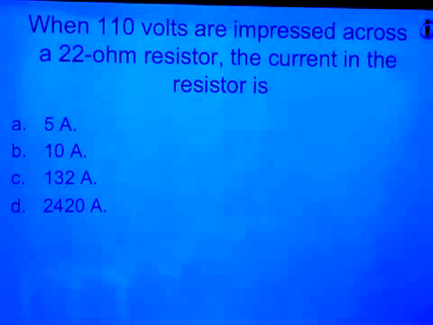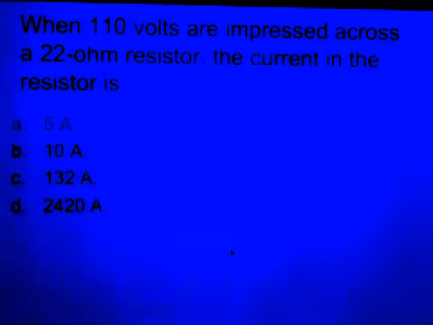10, 9, 8, 7, 6, 5, 4, 3, 2, 1. 88% say A. Good, you're solving it correctly. 110 volts over 22 ohms. I failed to mention that resistance is measured in ohms, another guy's last name.